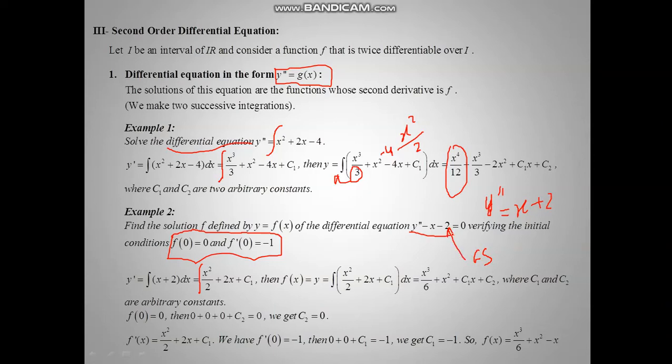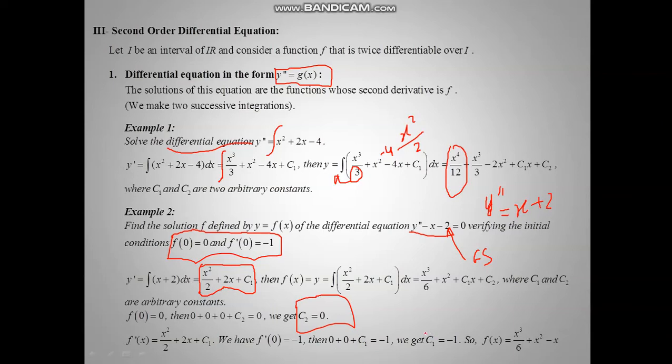Now we want to find the particular solution by using the initial conditions. We have f of 0 equals 0. We replace x by 0 and put the answer equal to 0, so we get c2 equal to 0. Now we have f prime of 0 equal minus 1, but this function here is y prime, so it's equal to f prime of x. Replace x by 0 and put the answer equal to minus 1, we get c1 equal minus 1.